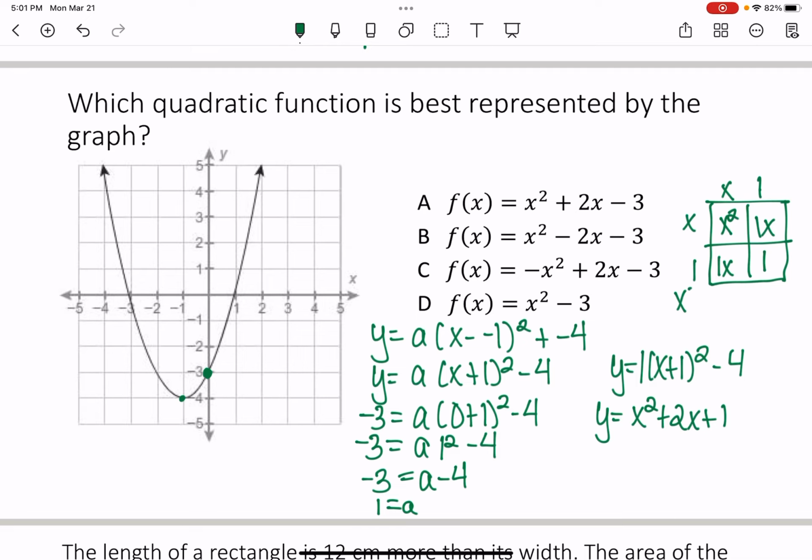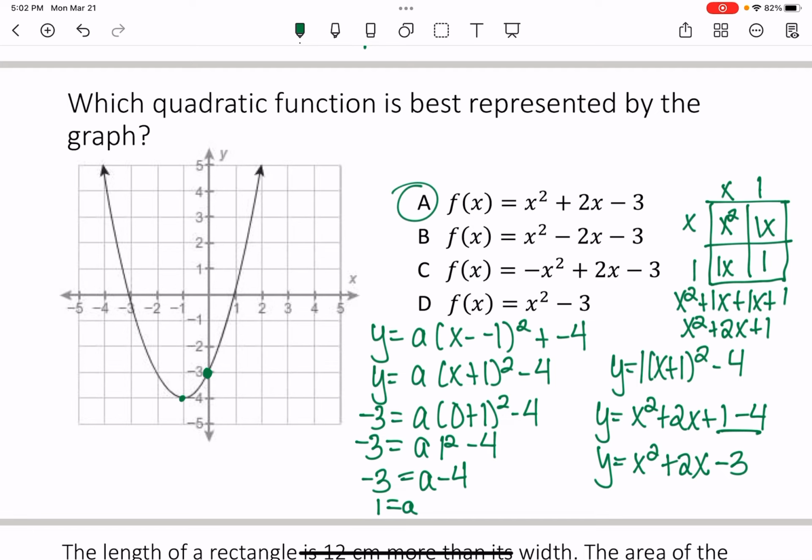So you get x squared plus 1x plus 1x plus 1, which is x squared plus 2x plus 1. When I plug that back in, I get x squared plus 2x plus 1 minus 4, which gives me y equals x squared plus 2x minus 3, when I combine that 1 and minus 4. So that makes A the correct answer on this one.